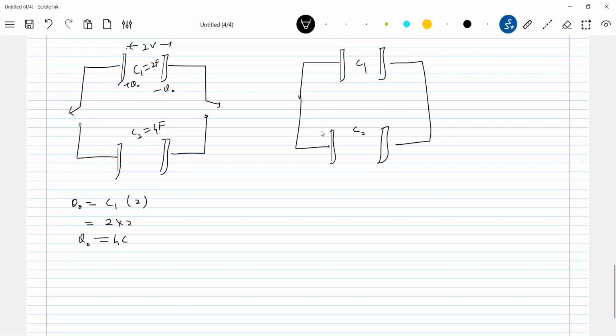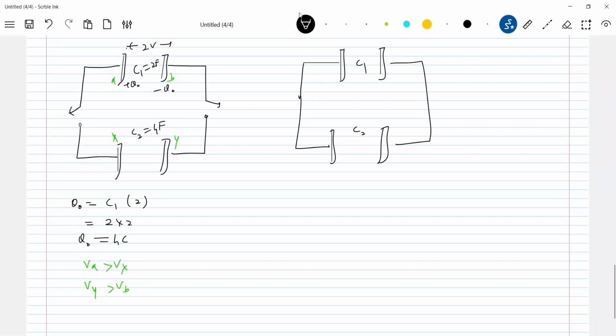So we'll give some names for the plates. Let me give A, B, X, Y. What is the condition that arises here? VA greater than VX, VY greater than VB. Because of that, once you close the switch, there'll be a flow of charges. Then what will be the final charge in both the capacitors?